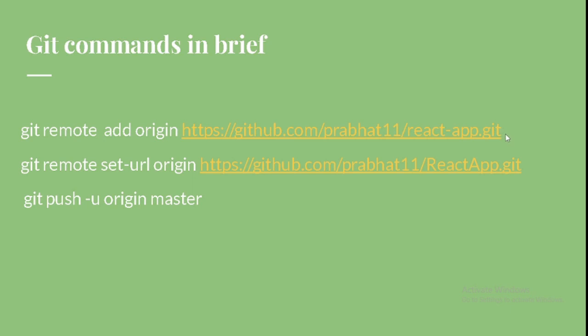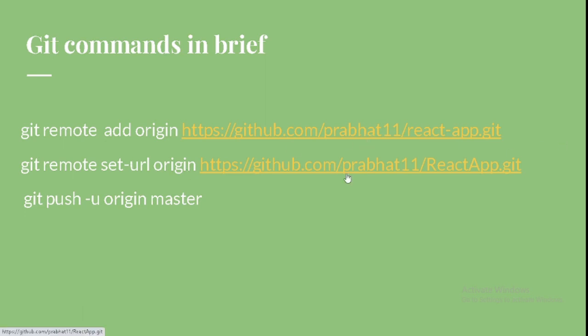It is a remote project that we have created, and this is the GitHub URL. I want my local project to be mapped with this remote URL. To do this, we write this command, git remote add origin, and this will add our local project to the remote git URL.